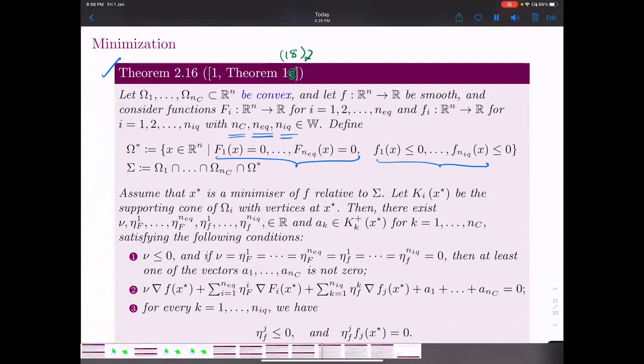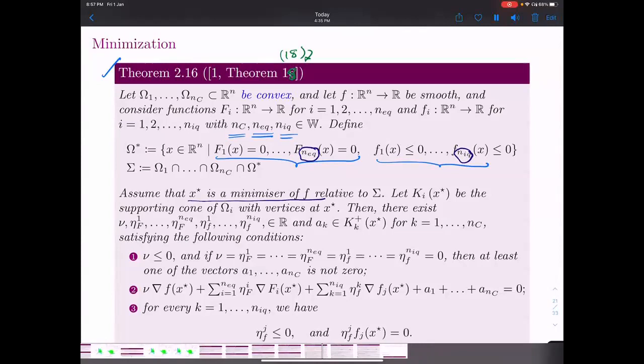And we've given them indices of NEQ and NIQ. So now, if x star is a minimizer of F, right? What are the conditions? I'm not going through the entire math again.